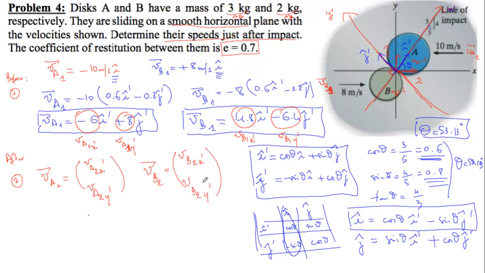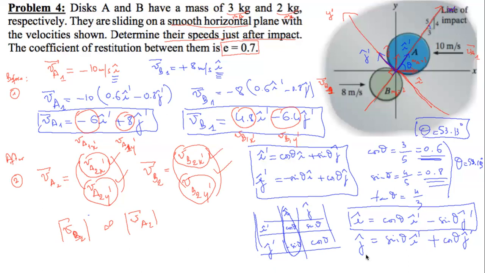Now the question is this: find me these four components, and then you get the speed VB2 in magnitude and VA2 in magnitude. So the game is to find these four components. Let's get them now. So that's what we have to do, okay?